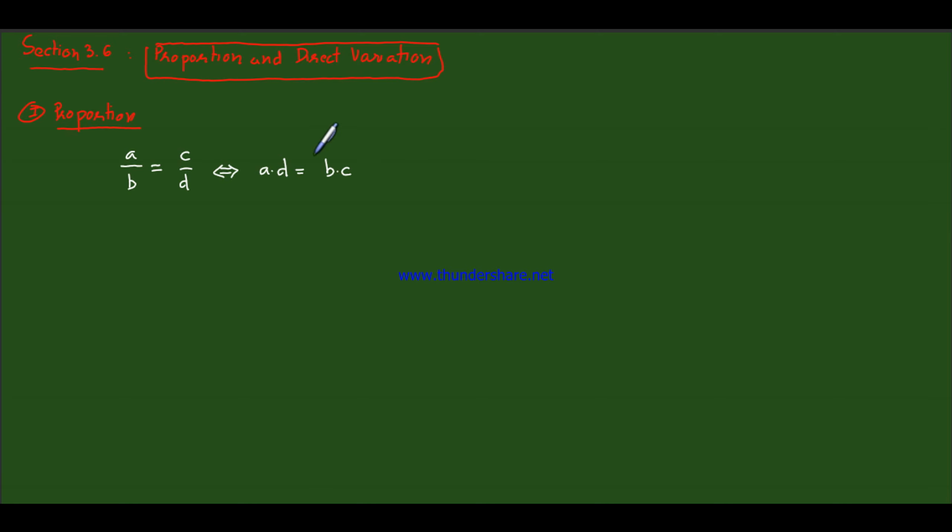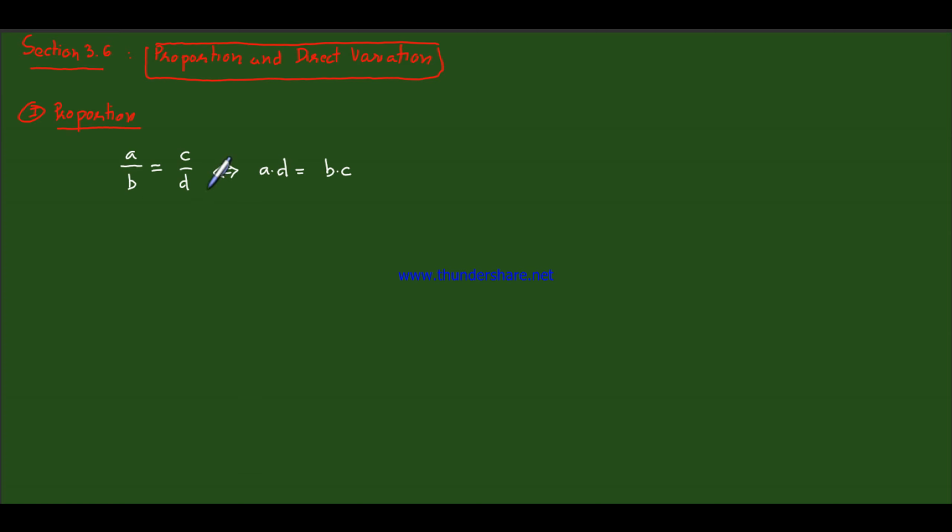The equation, the statement I have here, I don't know if you remember. Maybe you remember, you already learned in high school. The way I do the multiplication, we call cross multiply. So this is proportion, and it's equivalent to this equation.